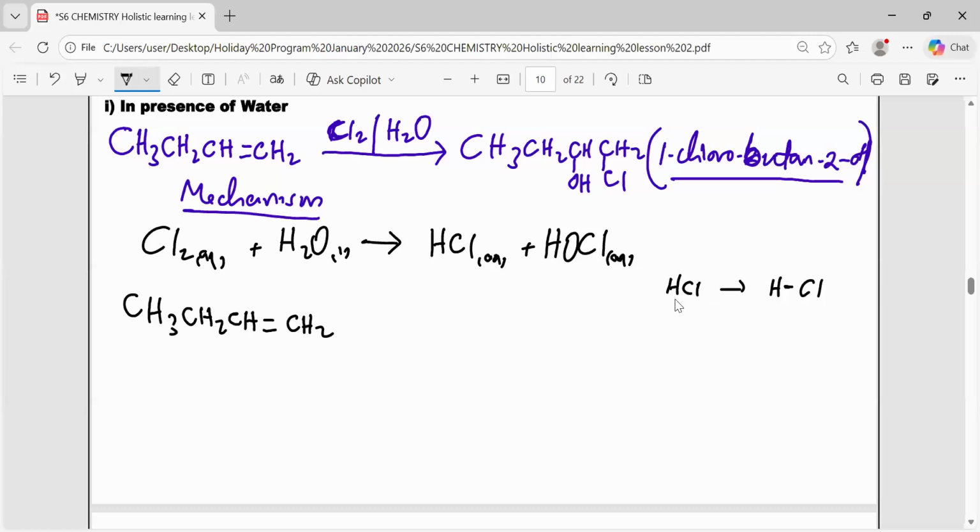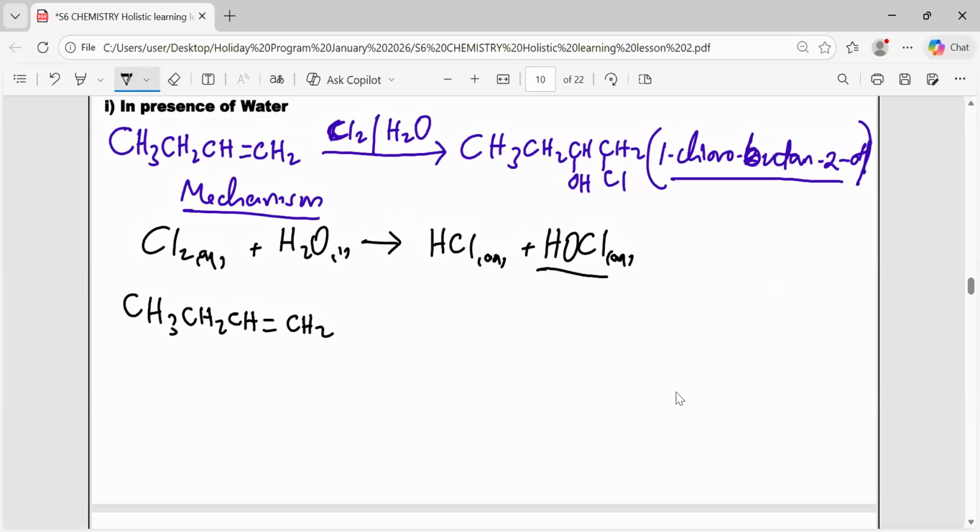Do you think we are going to dissociate the hydrogen chloride? You recall our product is having OH. It is also having the Cl. So if we go for HCl, it is going to become a challenge. Instead, we can come to dissociating HOCl. But when they become polarized, what happens?